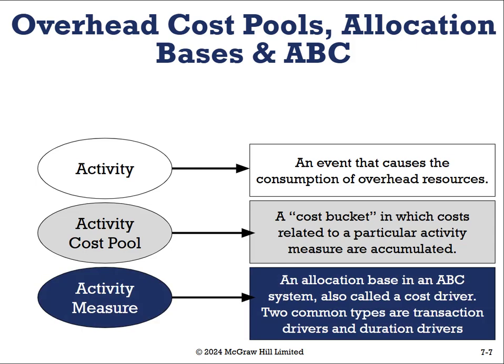From there, we have our activity, the cause and effect, the costs associated with that activity called the cost pool, and then we have the activity measure, which is an allocation base in activity-based costing. It's also known as the cost driver, and so this typically drives that cause and effect relationship. So these cost pools increase when the cost driver increases.